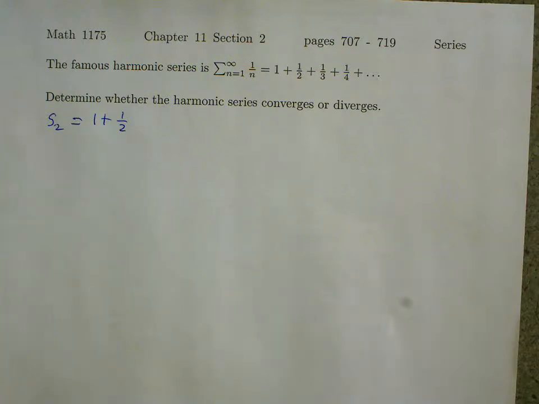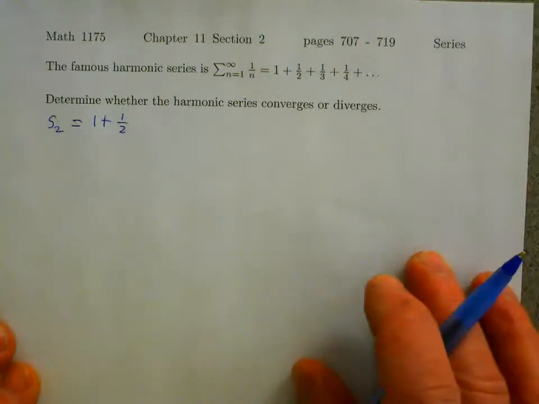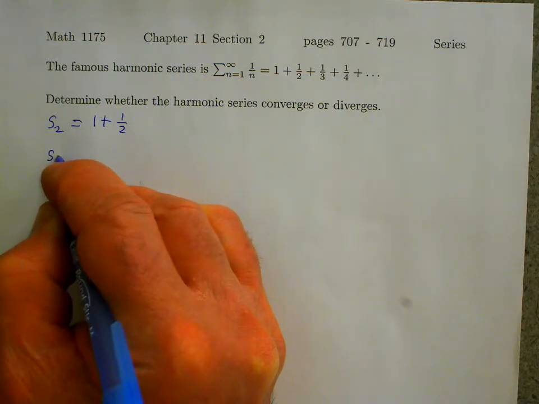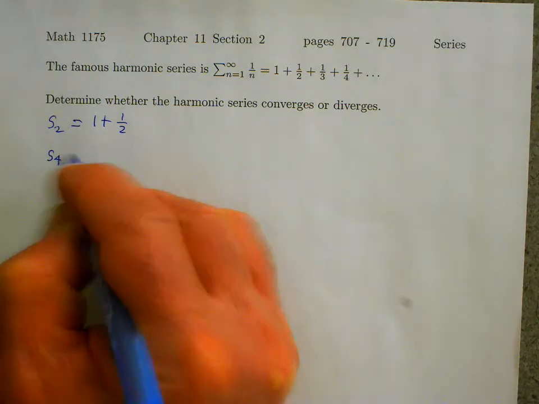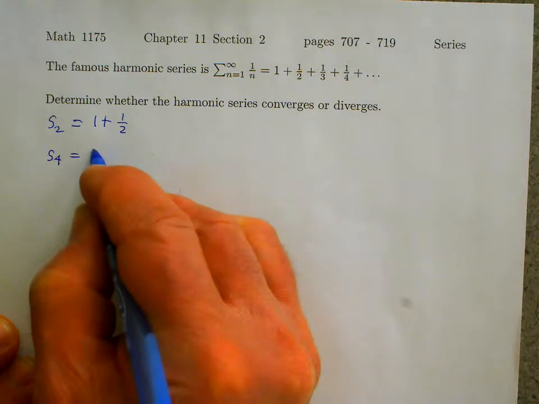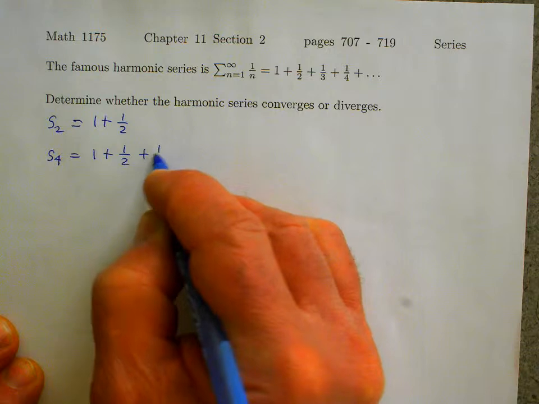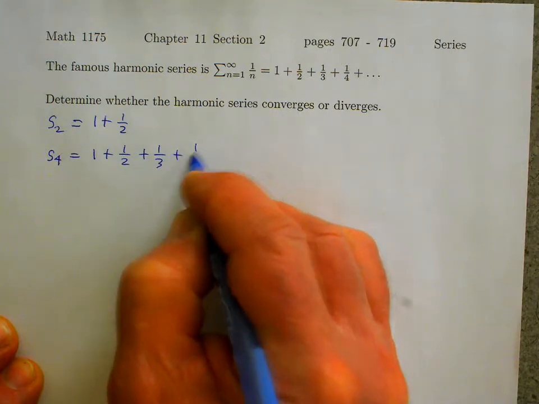What's S sub 3? 1 plus 1/2 plus 1/3. But I'm going to skip that one and write S sub 4, and that's 1 plus 1/2 plus 1/3 plus 1/4.